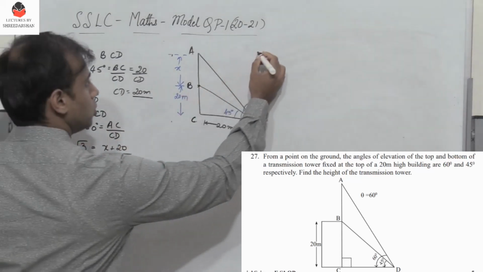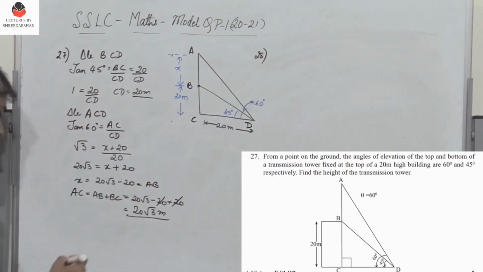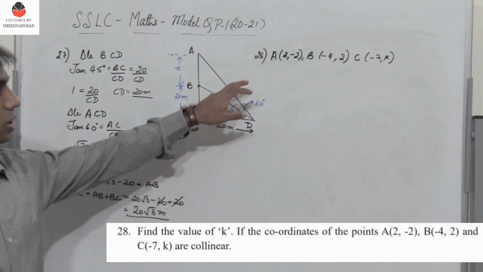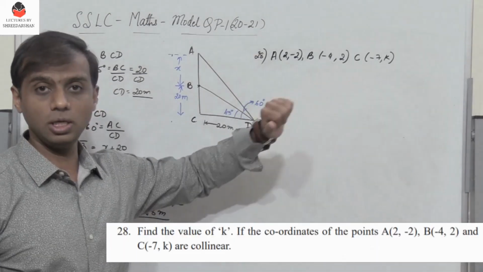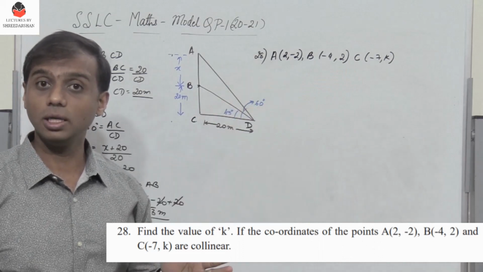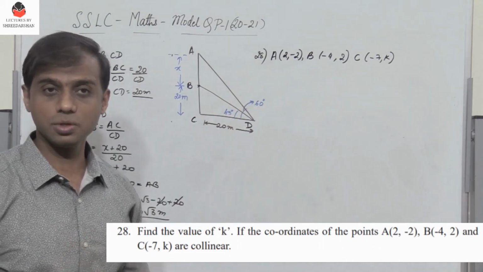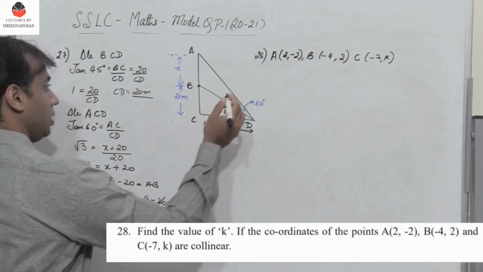So moving on to question 28. Find k if these 3 points are collinear. Now if these 3 points are collinear, we know that the area of the triangle is equal to 0. Now what is the area of the triangle?